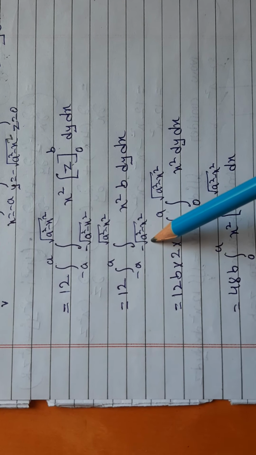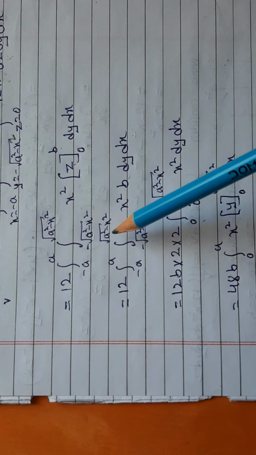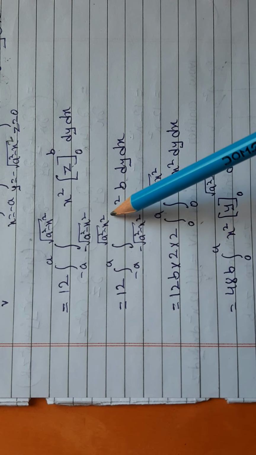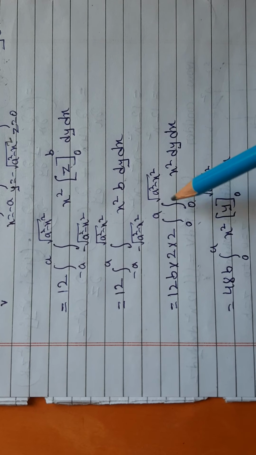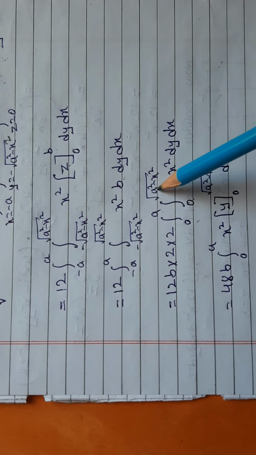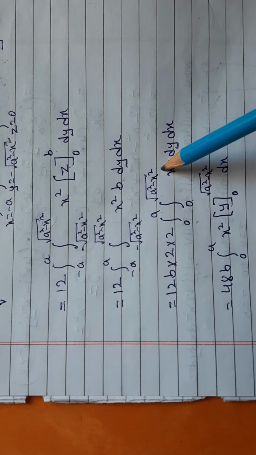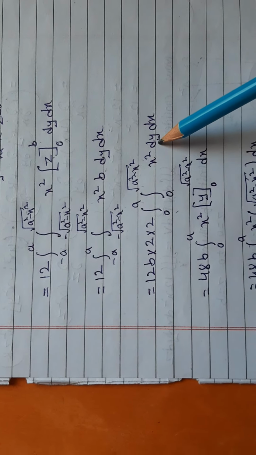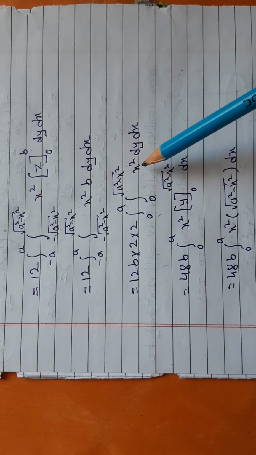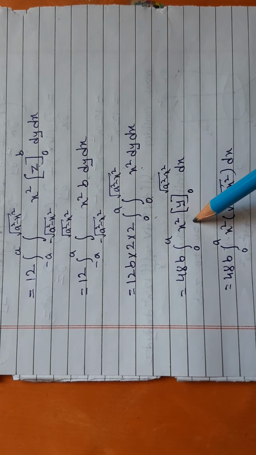Therefore, the limits from -square root of a^2 - x^2 to square root of a^2 - x^2 can be written as 2 times the integration over 0 to square root of a^2 - x^2. Now integrate this function with respect to y, keeping x as constant.